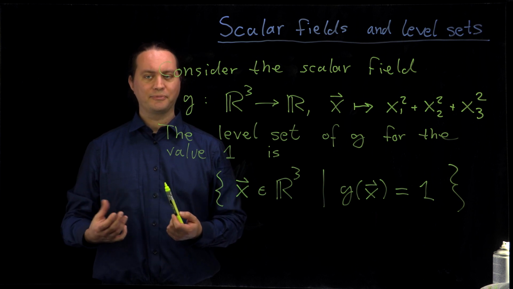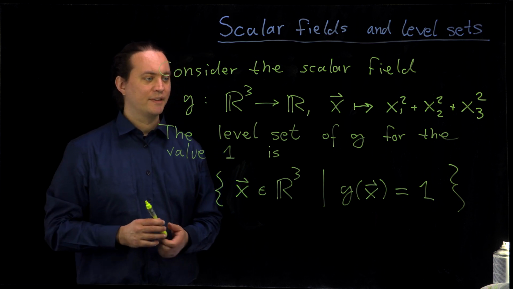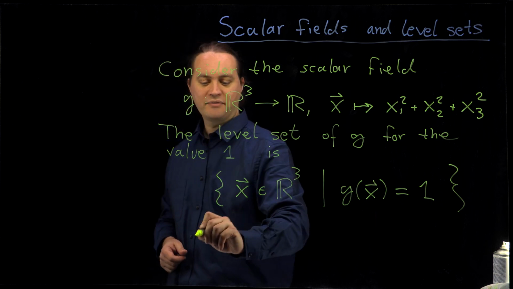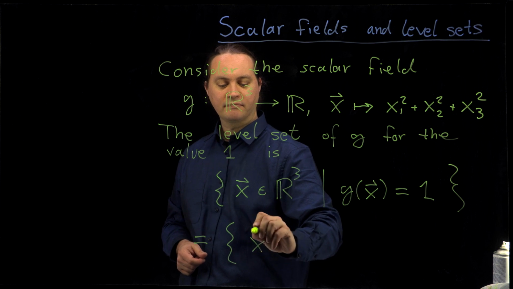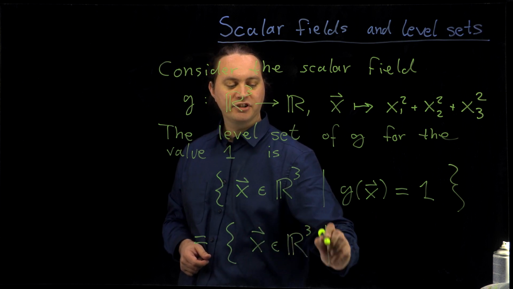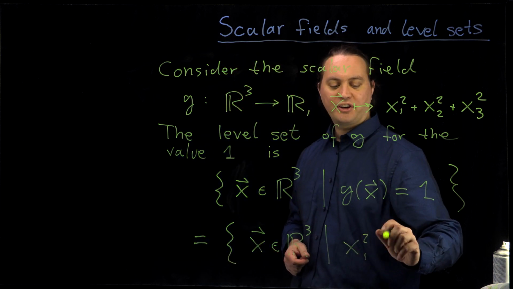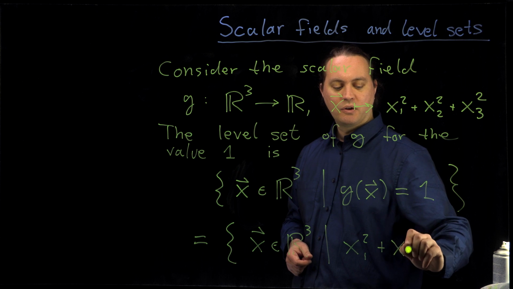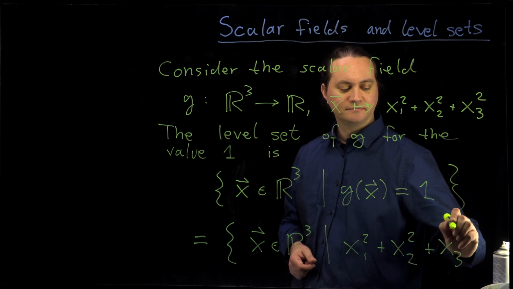Similarly, you could also define the level sets for the values 2, 3, pi, whatever. And very explicitly, just using the formula for the scalar field G, that's really just the set of all vectors for which the squares of the coordinates add up to 1.